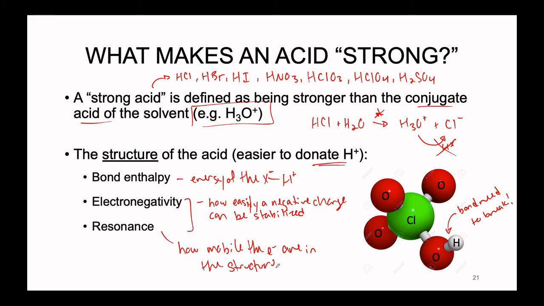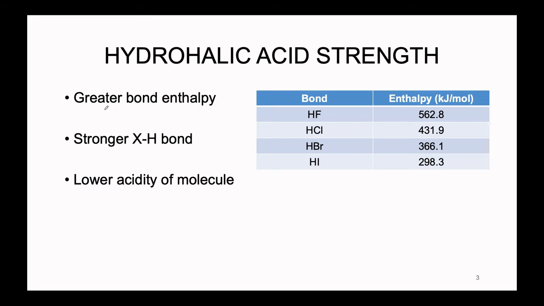So we're not redefining resonance and we're not redefining electronegativity. We're just focusing on particular aspects of those definitions. All right, so let's look at bond enthalpy first, and then electronegativity and resonance, to get an idea for how these variables are going to impact the strength of our acids.